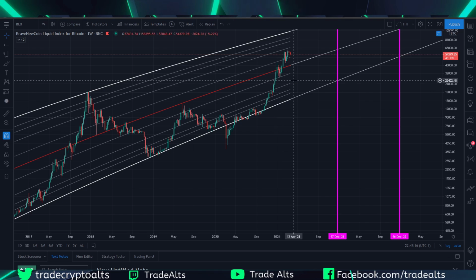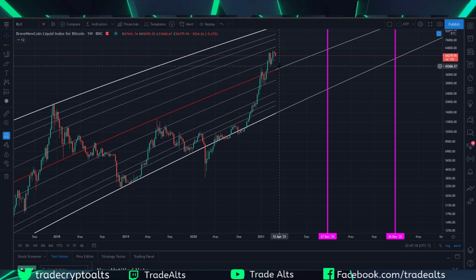But that being said, one part of this that I do look at as a really important level is the middle of this growth curve. I highlighted this line red, and I wish that it stayed red, but I guess it'll only be red for current and historical price action. It doesn't make the entire line red.